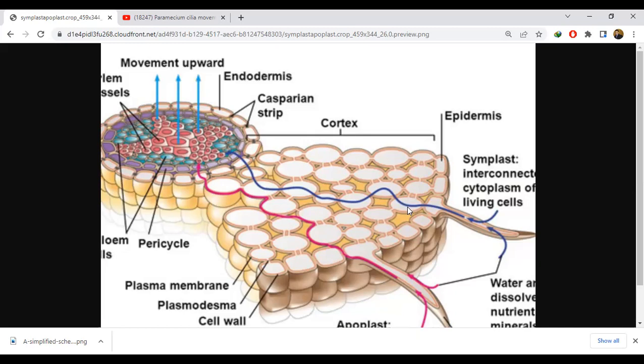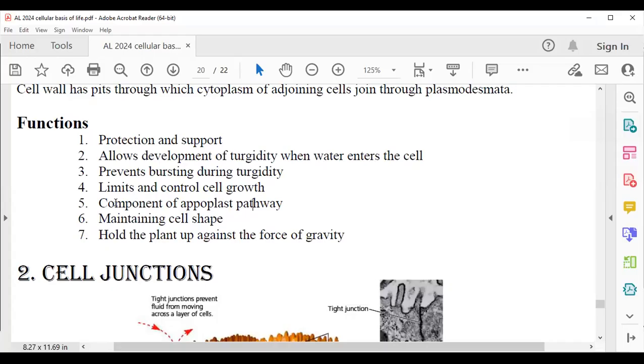That is what kind of route? Symplast route. Cell wall is contributing in which route? Apoplast route.